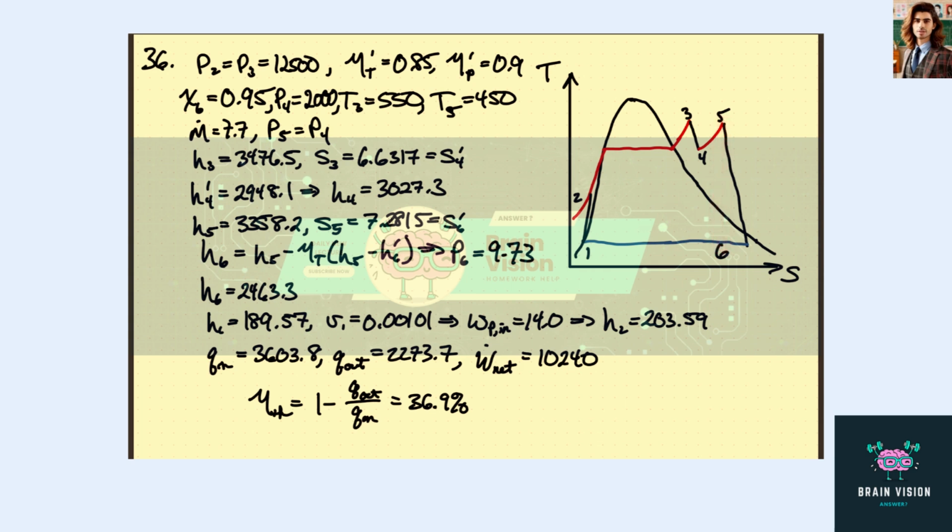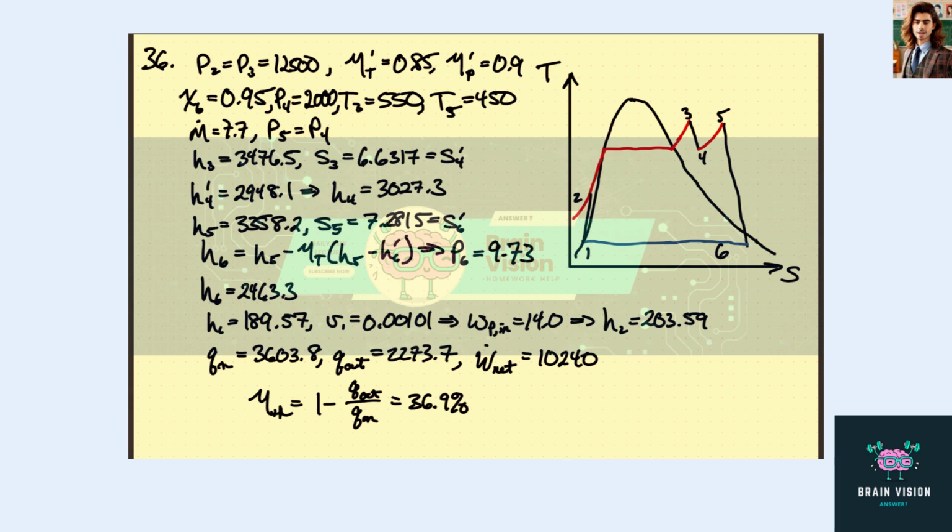Now what we need to do is play around a little bit. This one isn't as easy as previous problems. We know the actual enthalpy at 6 is the enthalpy at 5 minus the efficiency of the turbine times the enthalpy at 5 minus the enthalpy at 6 prime, the isentropic enthalpy at 6.